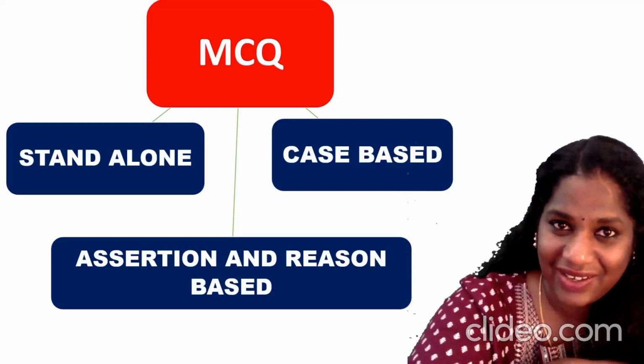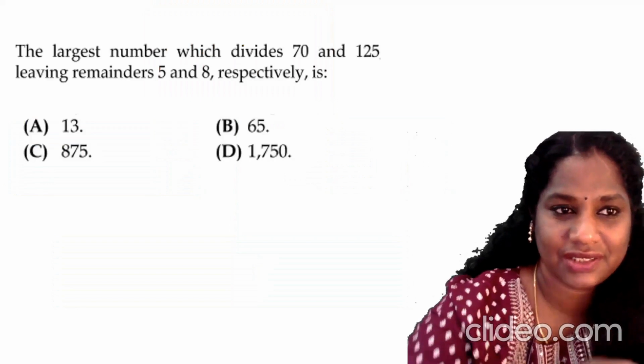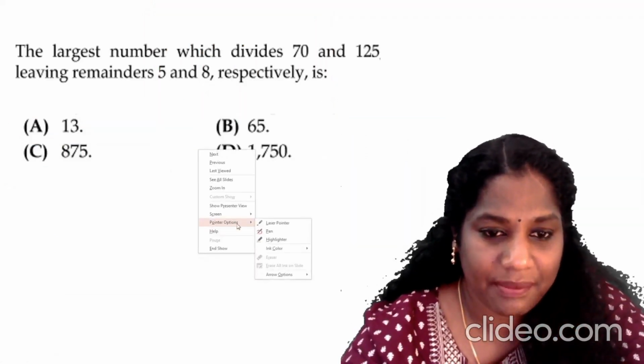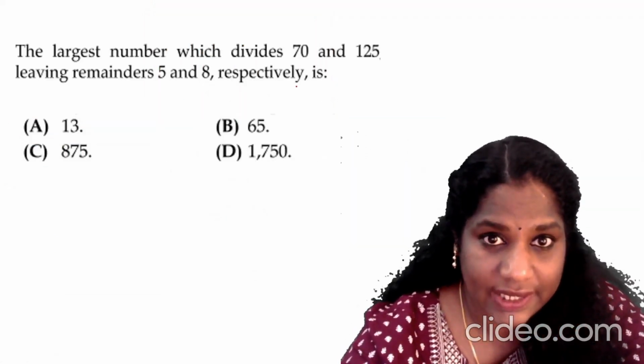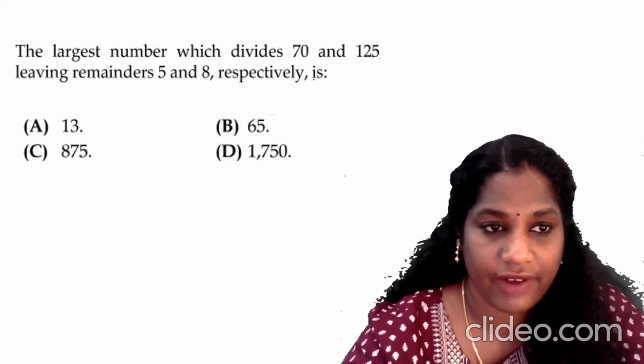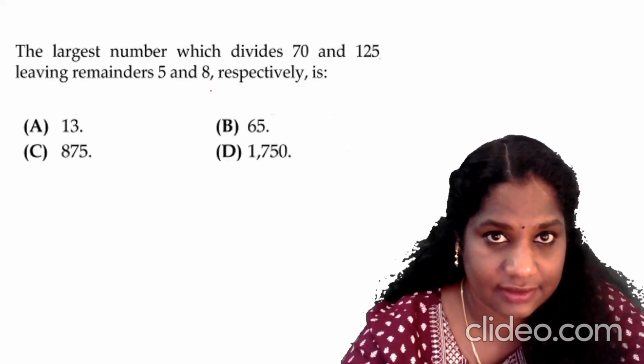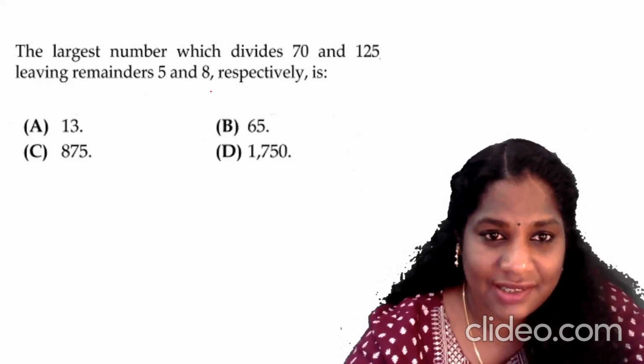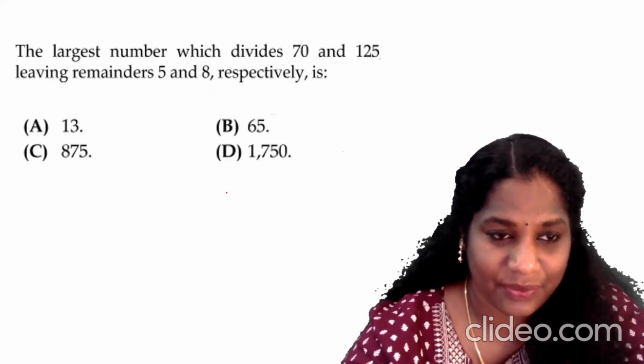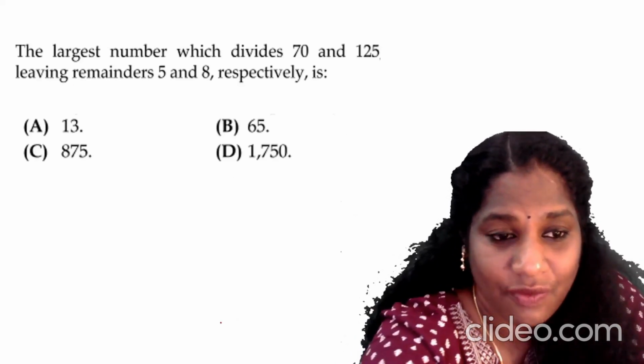Okay, so the first question: the largest number which divides 70 and 125, leaving remainders 5 and 8. Who all got the answer? If you got the answer, very good.